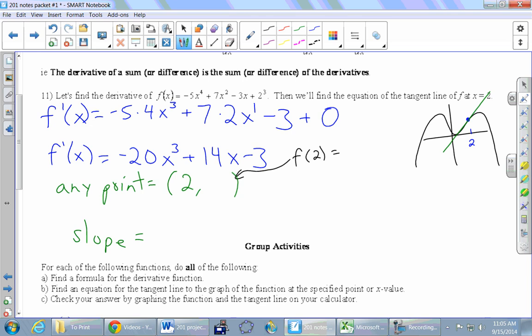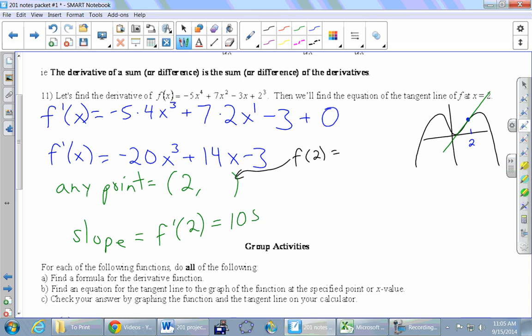It's not f prime of x, which is an entire collection of derivatives. It's the derivative at what x value? At 2. I want the slope of that tangent line, not the slope of any of these other tangent lines that are out here. I just want this one. So we need to find what? How do I find the slope at 2? F prime of 2. That is what we are finding. Okay.